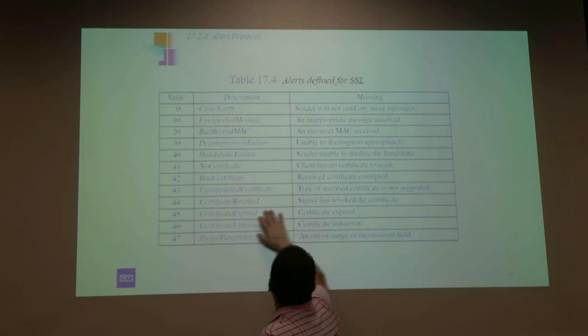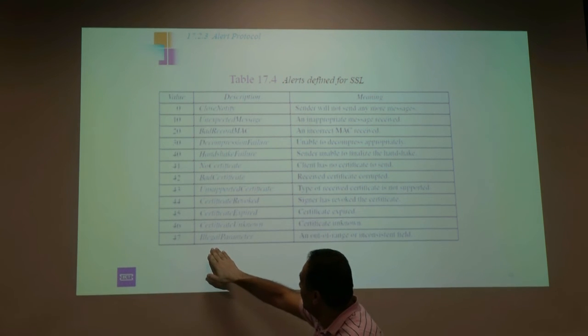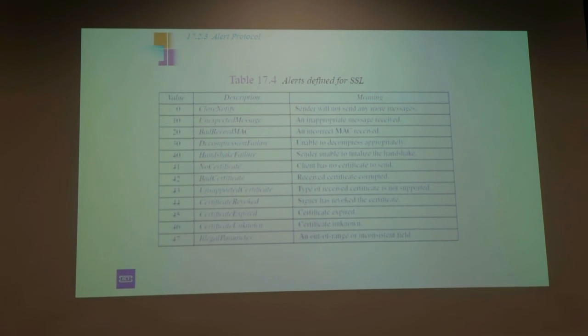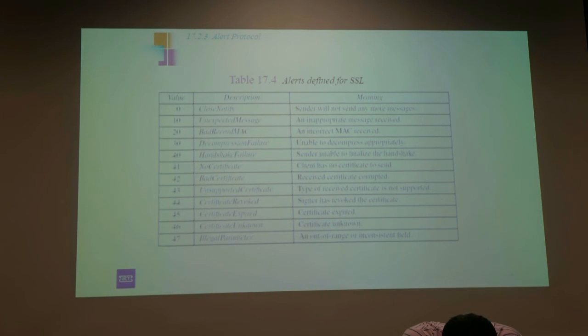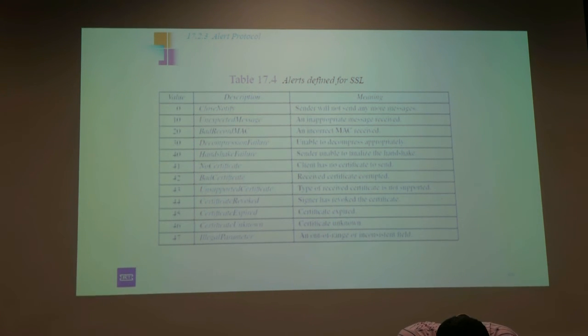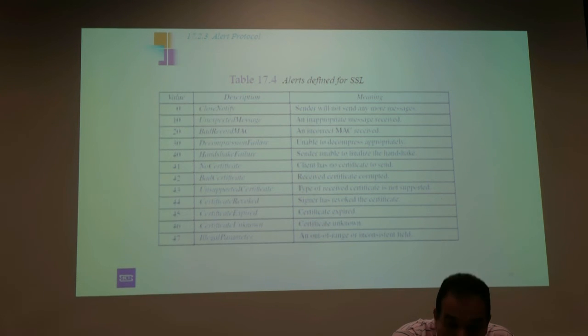So as you see here, these are the values, this is the description, and this is the meaning. Let's take an example. The first one says the description is close notify. The meaning is the sender will not send any more messages. So you notify the sender: close, please don't send any messages.